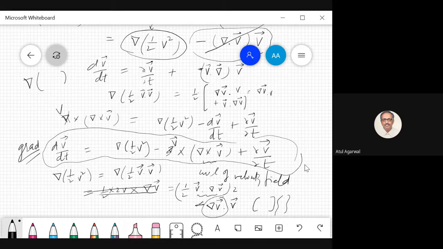So what is gradient of dv by dt? Basically it will be d by dt of gradient of v.